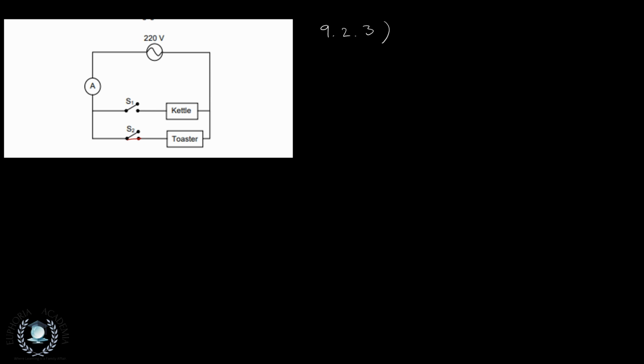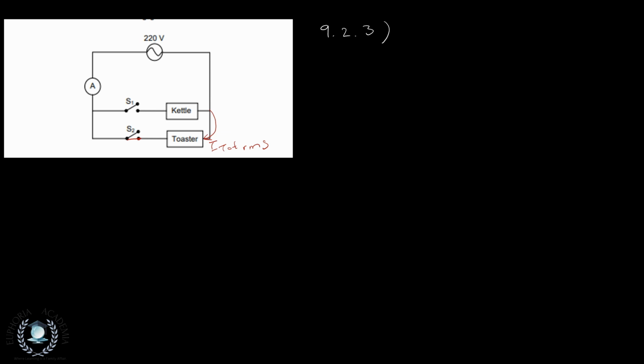That means the current is not going through the kettle, but through the toaster. That's going to be all the current, and we are told that current is the root mean square, so it's the same current that's going to be read by a DC current.